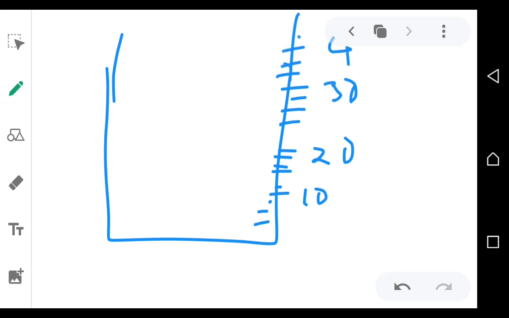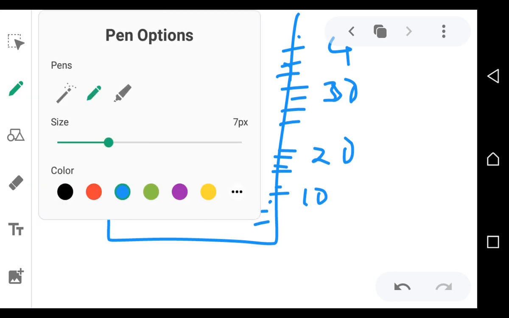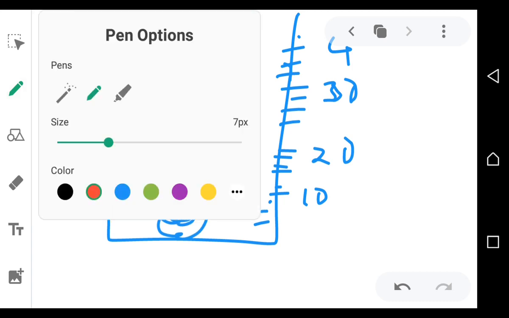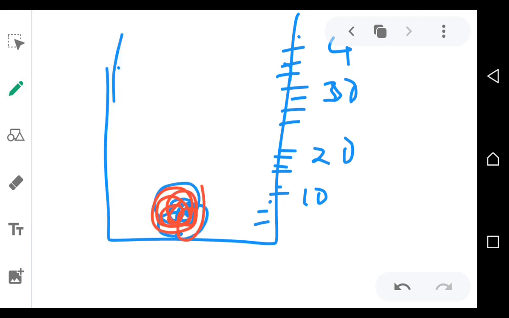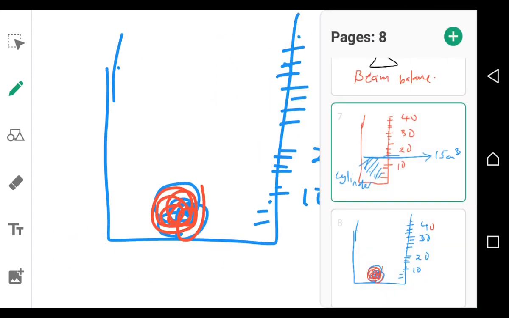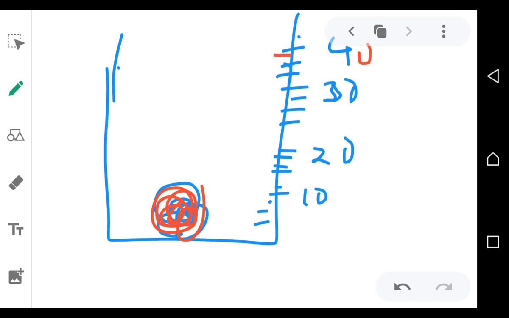After you take the stone and put it in here, the stone is in the water now. When you drop the stone inside, the water level rises to, let's say, 40. After I put the stone, the water level now reaches 40.